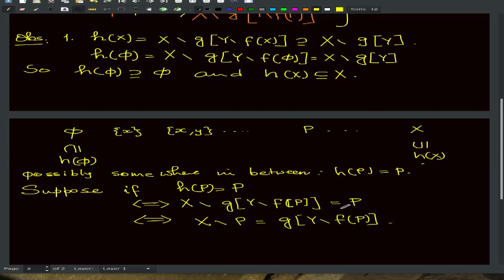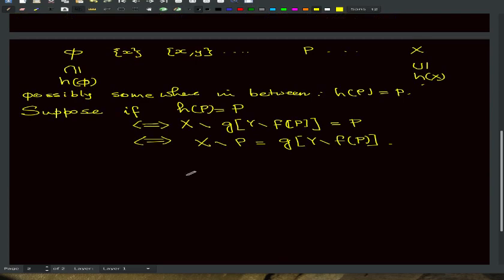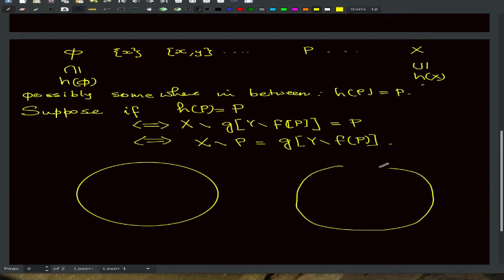So what is the picture then like? The picture then in this case, if we had such a p, it says that it is like this.